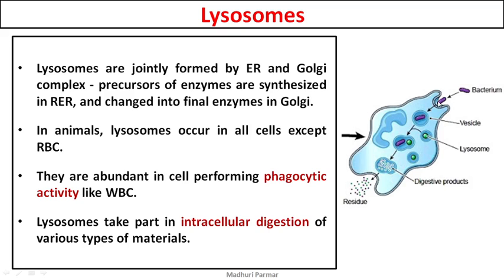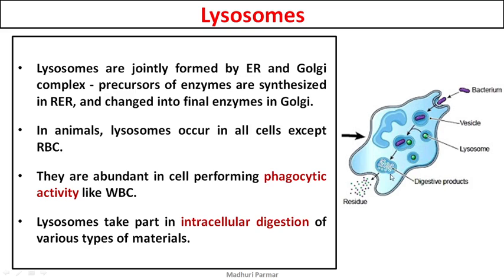As you can see here, this is how your normal WBC should work. It takes a bacterium. If you have bacteria in your system, it will engulf it. To engulf means to phagocytose. Then after getting engulfed, it is fused with the lysosome, and this lysosome will digest whatever is there.